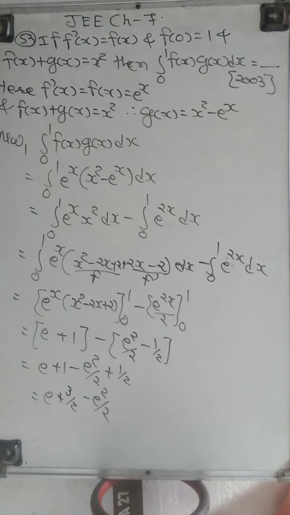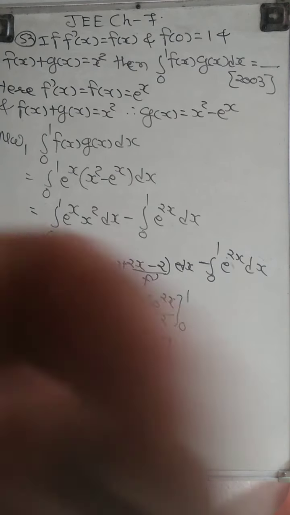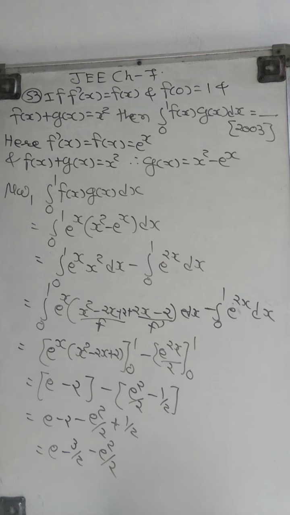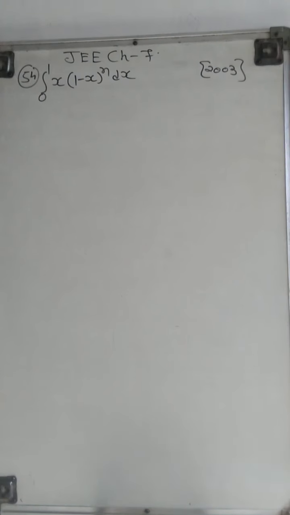So here when we put the limit, then this becomes e minus 2 minus e square by 2 minus 1 by 2. Then simplify, we get our answer e minus 3 by 2 minus e square by 2. Okay, then we go for the next one.